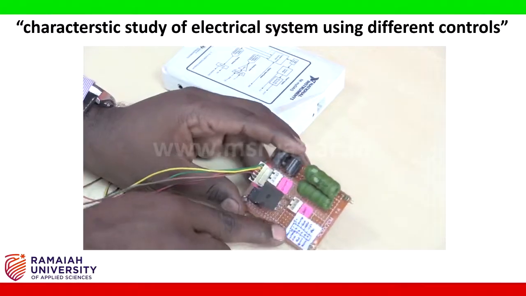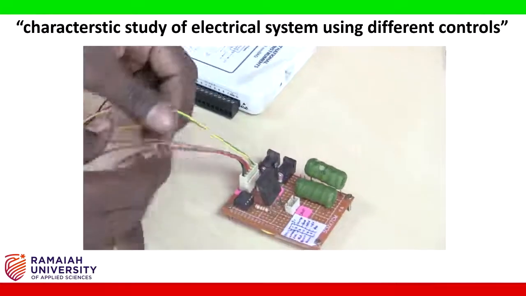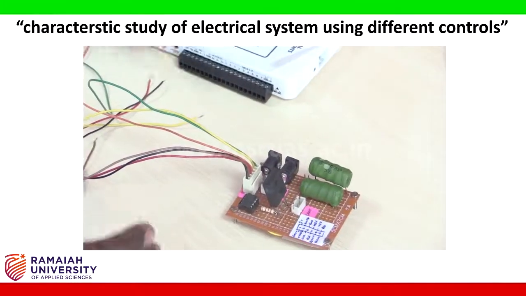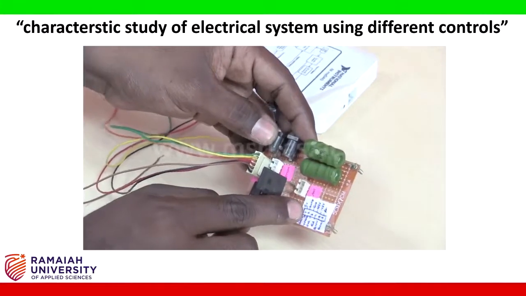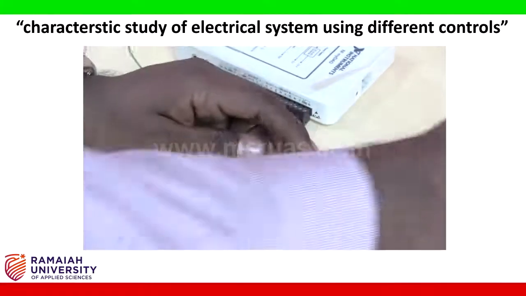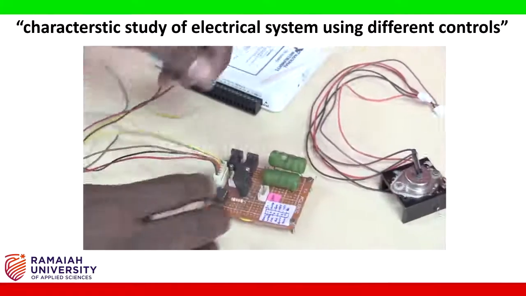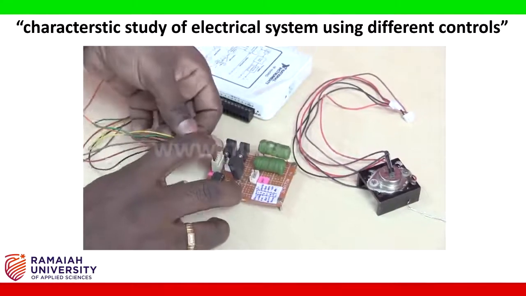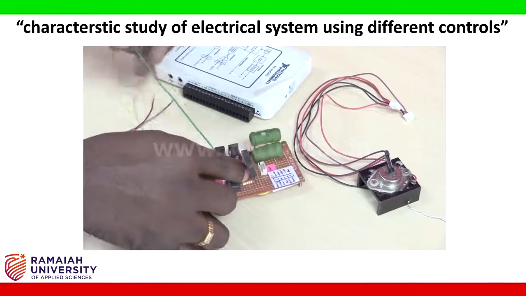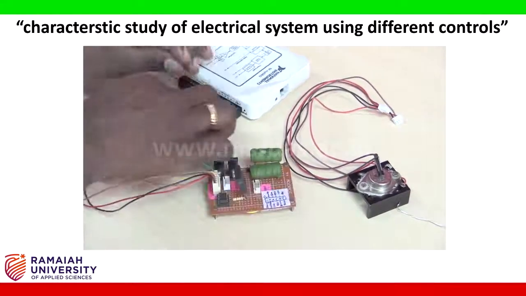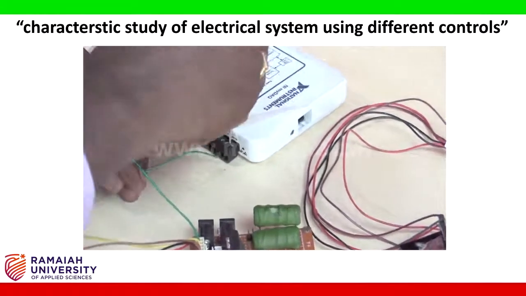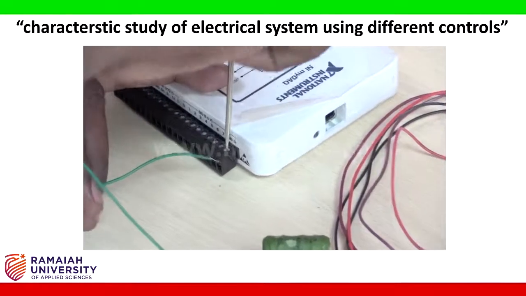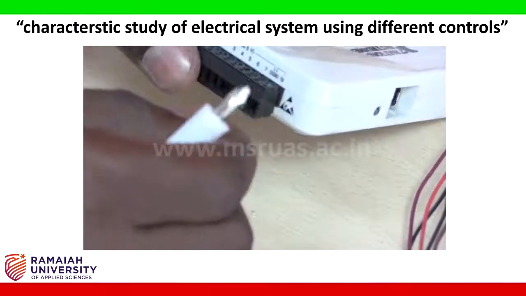Now by looking at this color coding, we will interface these wires to NI MyDAC. The first green color wire represents a 5 volts power supply to the sensor. So this green wire is connected to the onboard power supply of MyDAC by using a screw terminal.